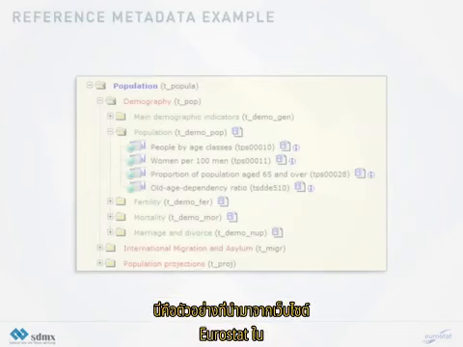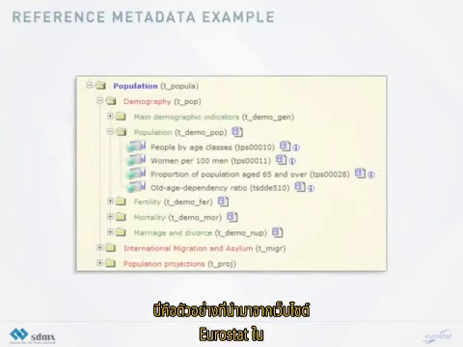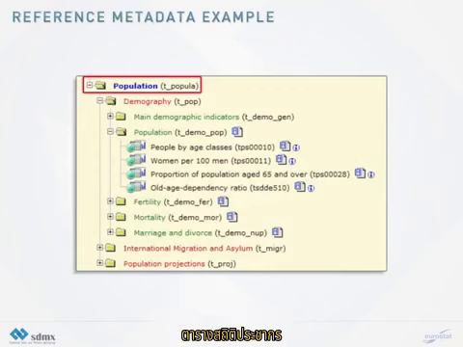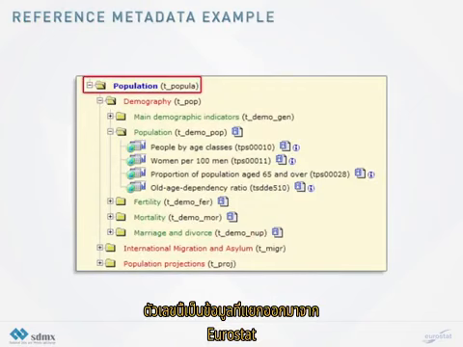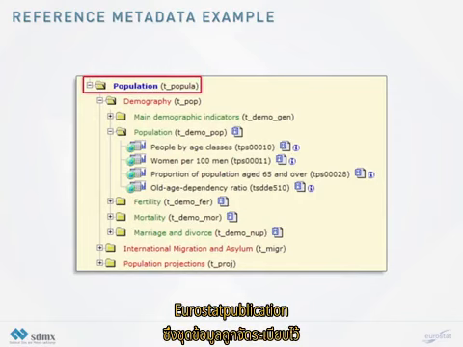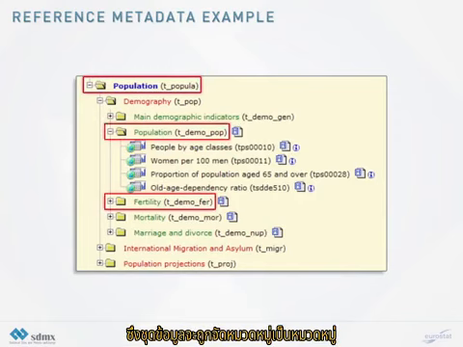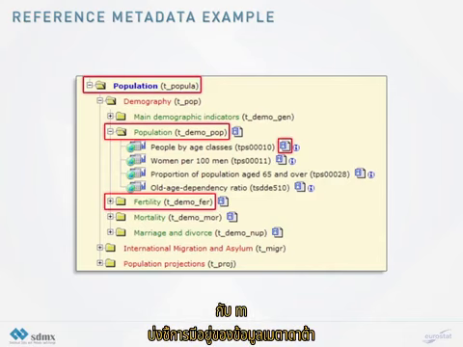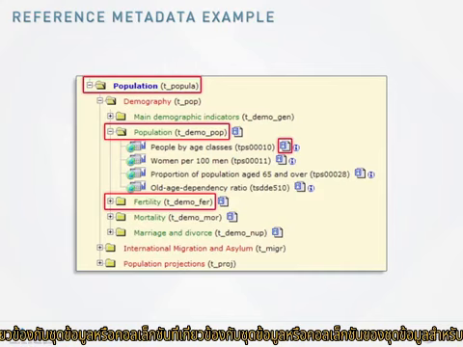This is an example taken from the Eurostat website in the population statistics tables. The figure is an extract of the Eurostat publication tree in which the datasets are organized in categories. Next to some nodes in the tree, an icon with M indicates the existence of metadata associated to a dataset or a collection of datasets for particular categories.